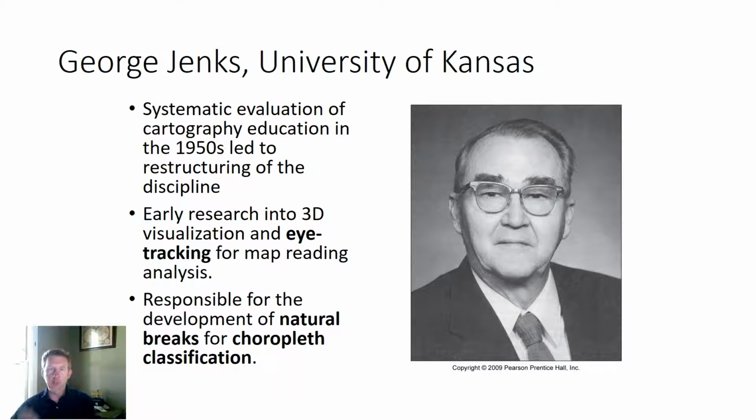This is a picture of George Jenks. George Jenks has contributed a lot more than just eye tracking. He spent the better part of the 1950s evaluating how cartography was taught in the United States, and made significant contributions to the pedagogy. One of the things that I really wanted to demonstrate was this one. He was responsible for the development of natural breaks for choropleth classification, which we use all the time in GIS.